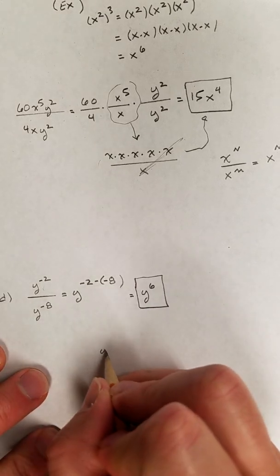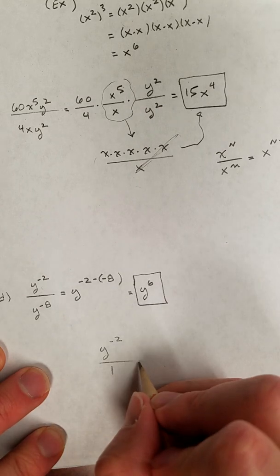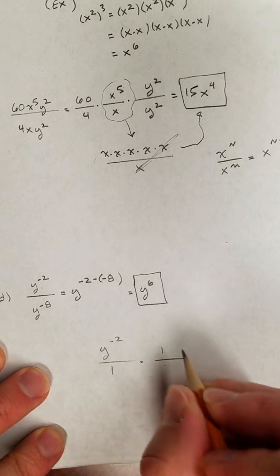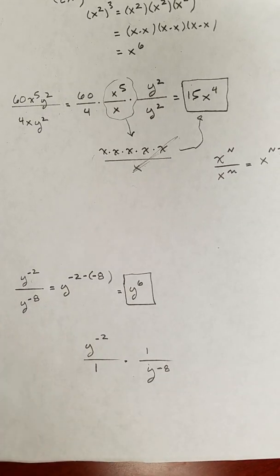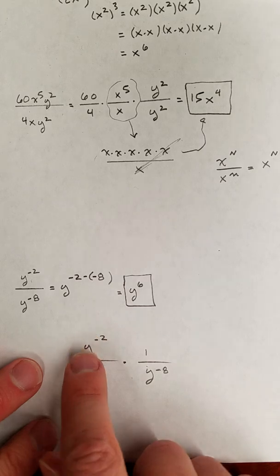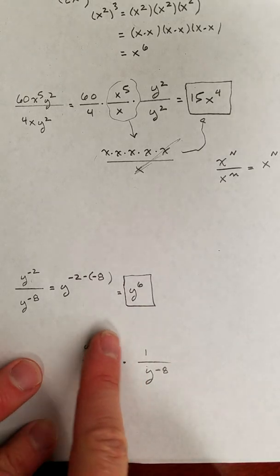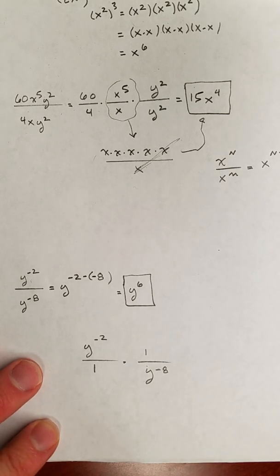How about this? I could see this as y to the negative 2 over 1 times 1 over y to the negative 8 power. Okay. All right. So again, what's the rationale? Well, when you multiply fractions, you multiply straight across. So these would multiply to be that. So it's consistent.